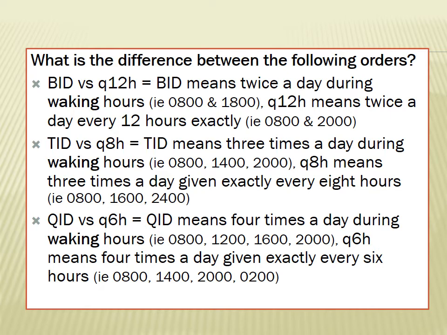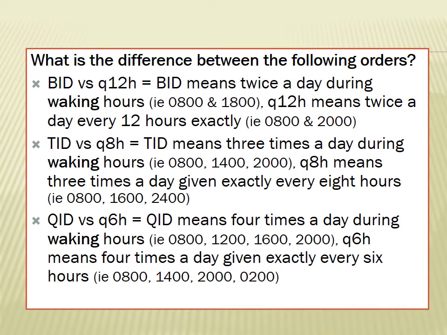The difference between QID versus Q6H, again, QID means 4 times a day during waking hours. For example, a medication ordered QID would suggest this medication would be given only during waking hours of the patient, so 8 o'clock in the morning, noon, 4 o'clock in the afternoon, and again at 8 o'clock at night. Whereas Q6 hours means 4 times a day given exactly every 6 hours.